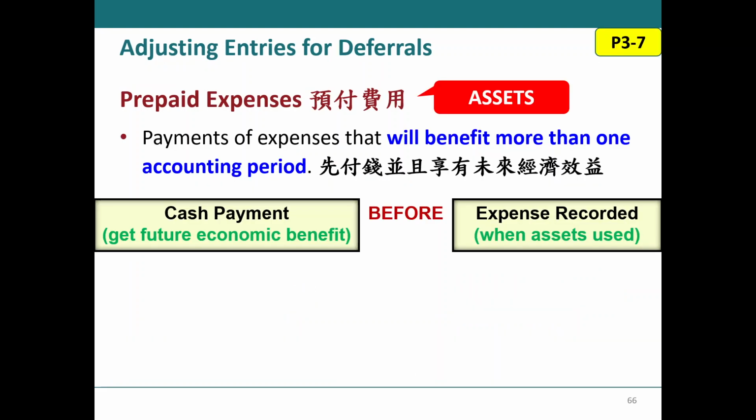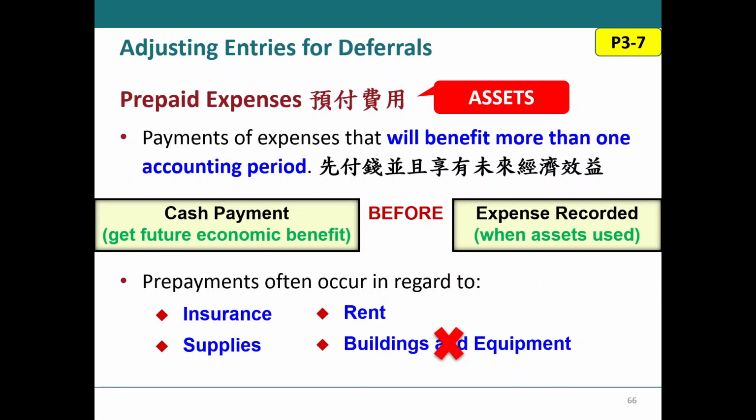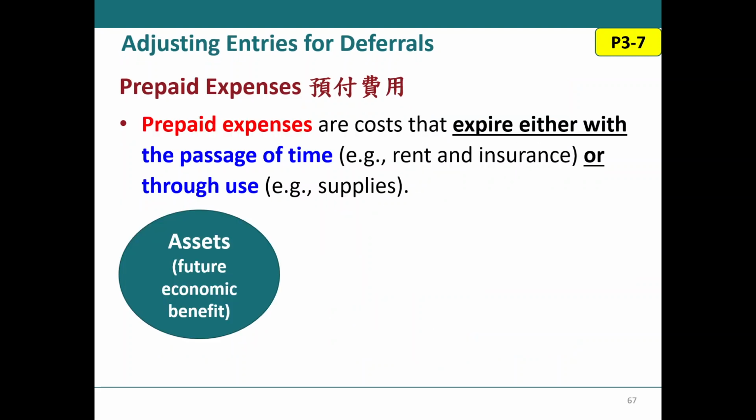So for prepaid insurance and prepaid expenses, remember the keyword is prepaid. So that's your asset, like prepaid insurance, like prepaid rent, because they have future economic benefits. So the keyword is future economic benefits. That's your asset. On the first day, we pay the money to buy insurance.